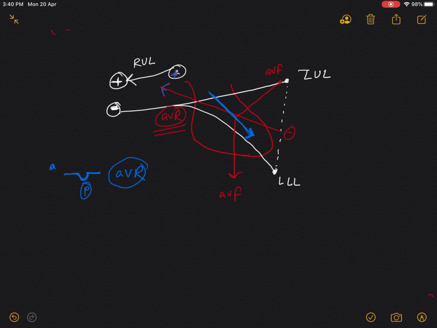It produces a positive deflection in AVF, and also a positive deflection in the AVL electrode.